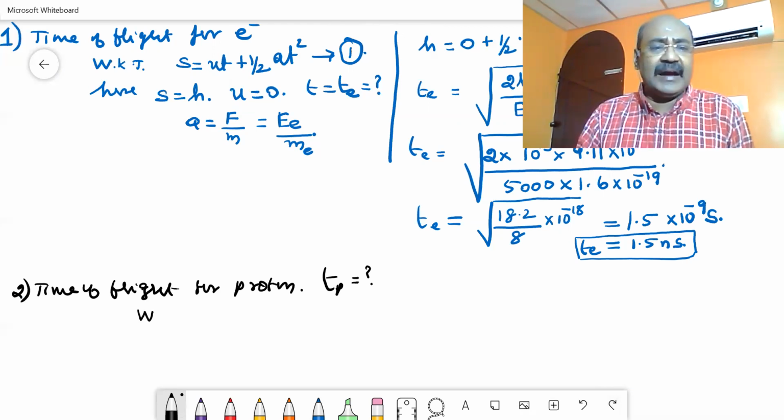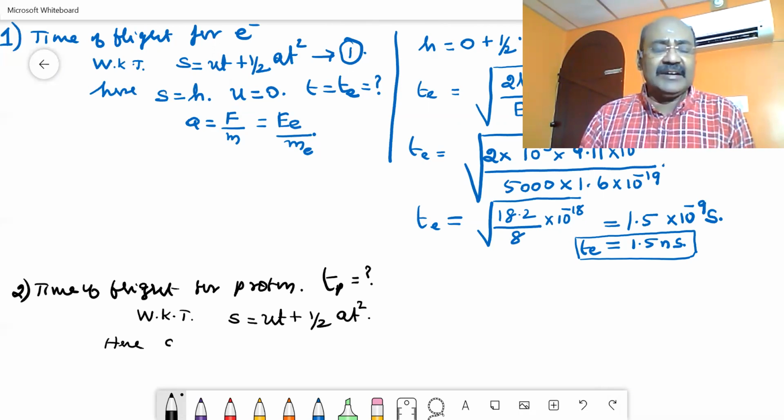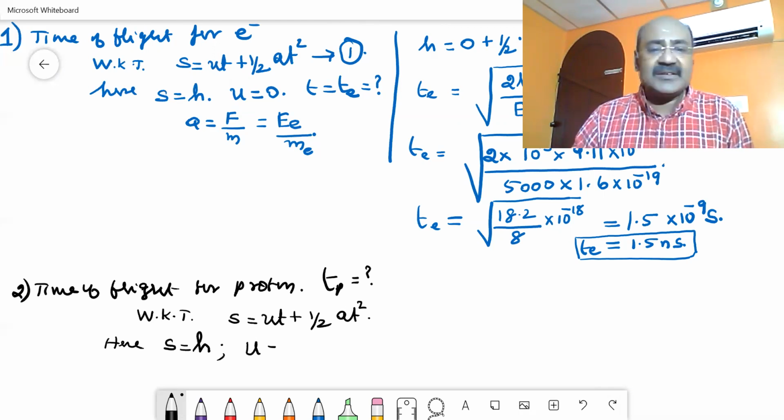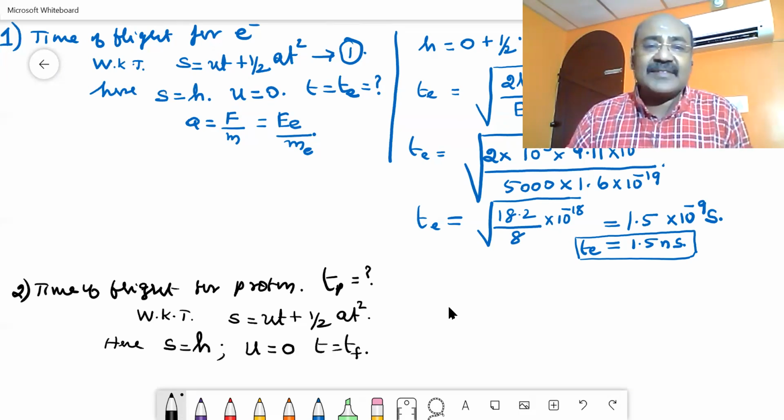So here, s is the distance traveled, h. Initial velocity u is equal to 0. Time t is the time of flight. What is the value of acceleration?